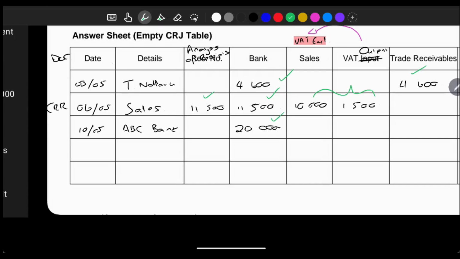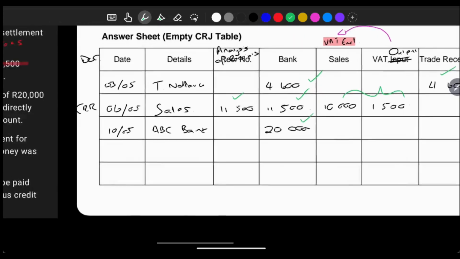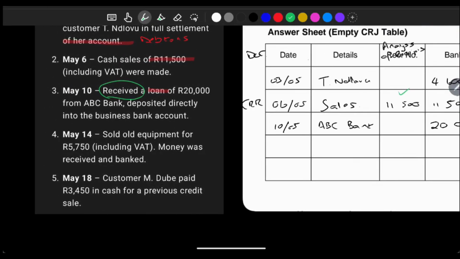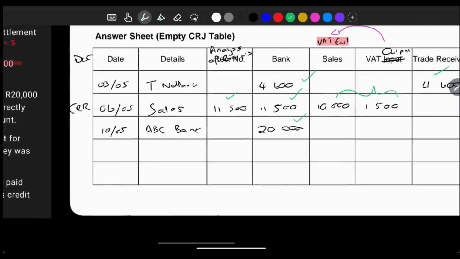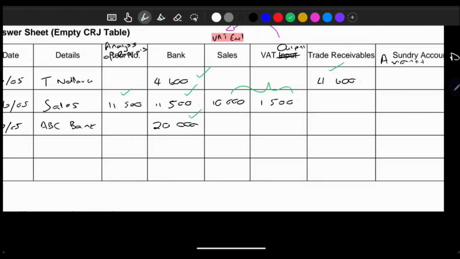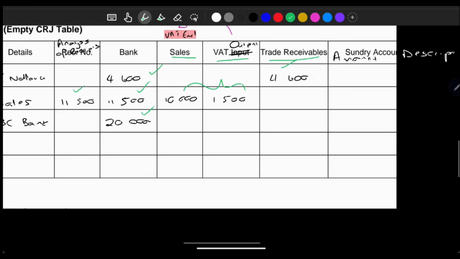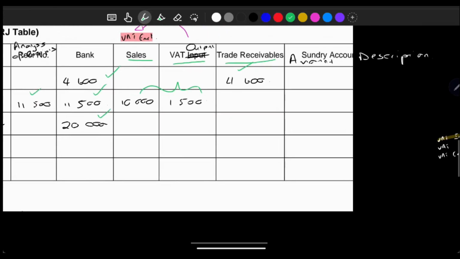Now we have bank. What is the second account that gets affected? Now remember, we received a loan, so it should be loan from ABC Bank, but we don't see that heading here. Here we have sales, VAT output, trade receivables. It is not there. Remember, I said the sundry account is an everything else account.